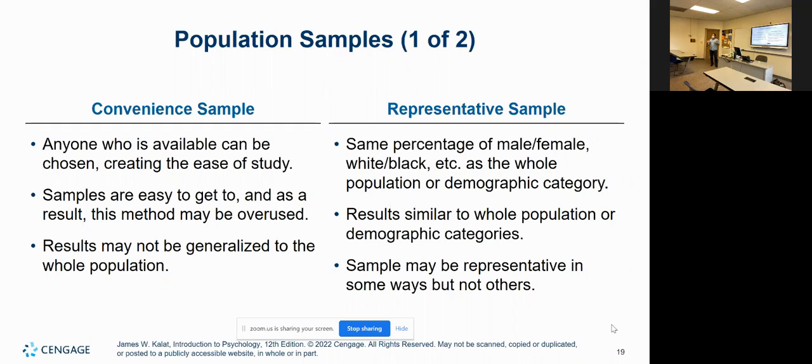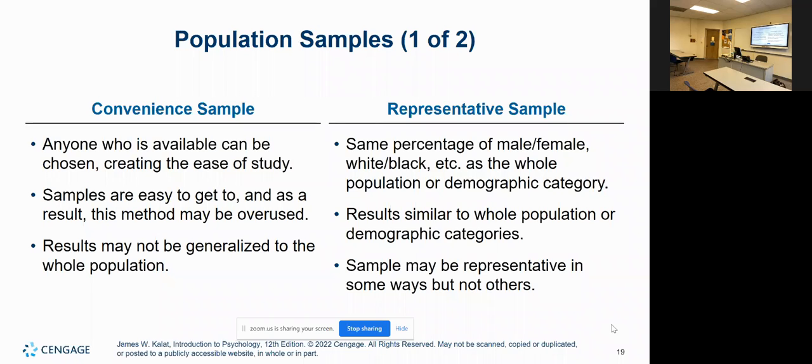Okay, is that effective? Right, exactly. So I might get some freshmen in there. I might not. It's really going to depend on chance as to whether I get them or not.